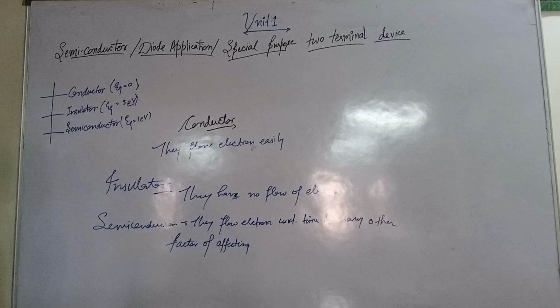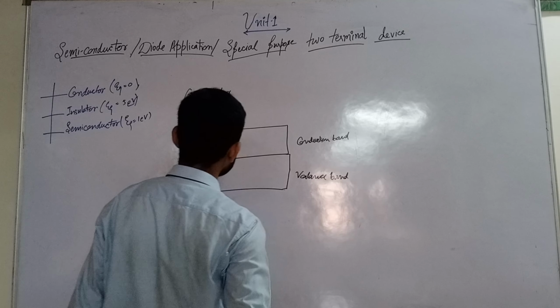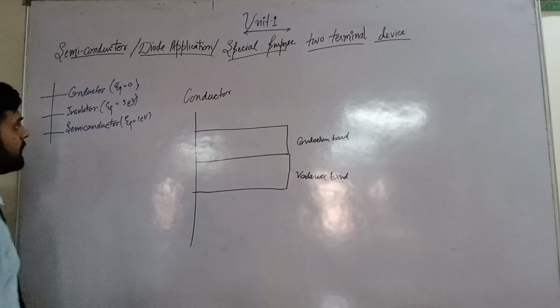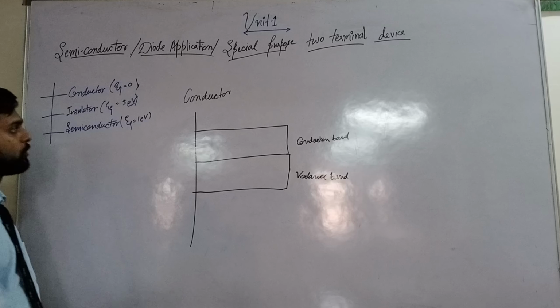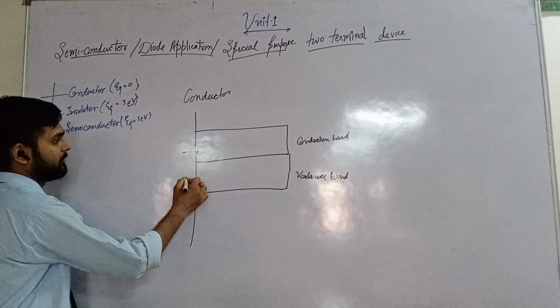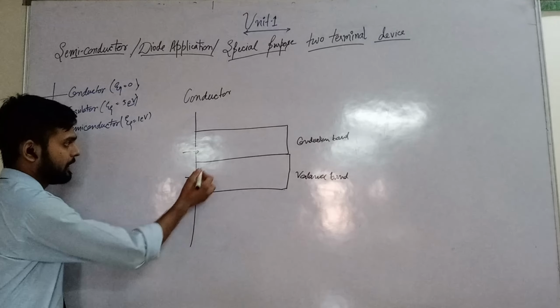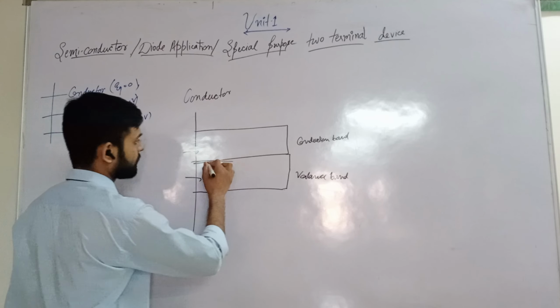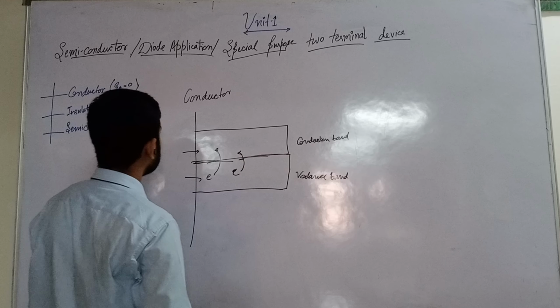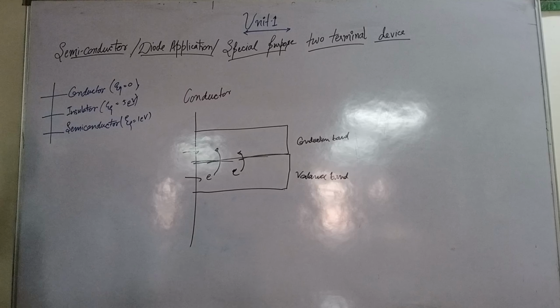So overall, this is the valence band, this is the conduction band. In a conductor, the conduction band and valence band are connected to each other, so electrons flow easily from the valence band to the conduction band.